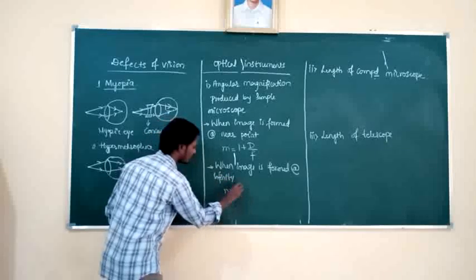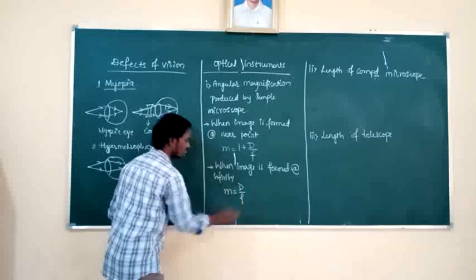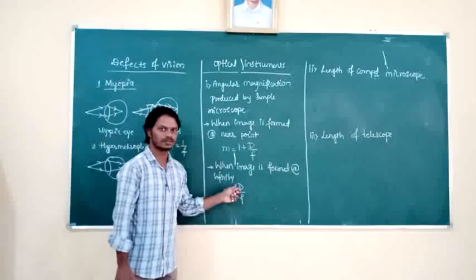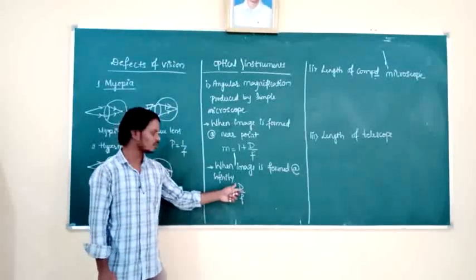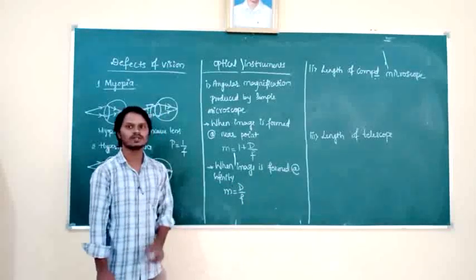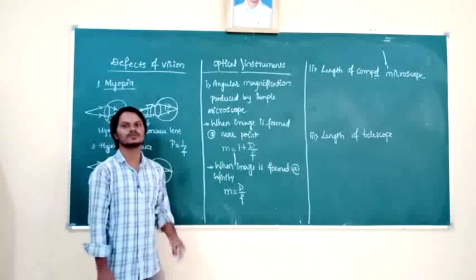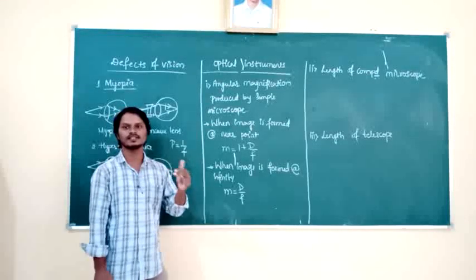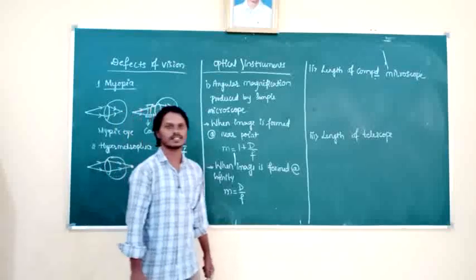That is m is equal to d by f. Again, you have to know the terms to solve the questions. What is d here? d is the least distance of distinct vision. What is f here? Focal length of the simple microscope. Simple microscope means magnifying lens, and magnifying lens means convex lens.